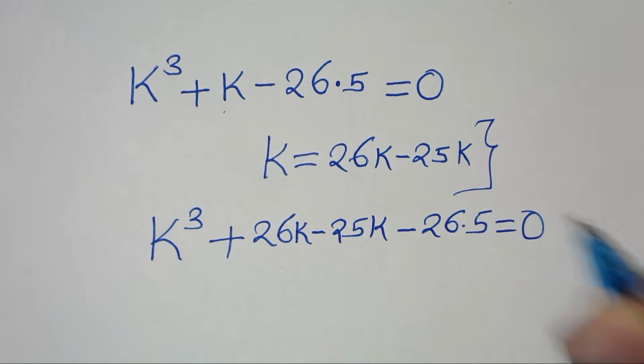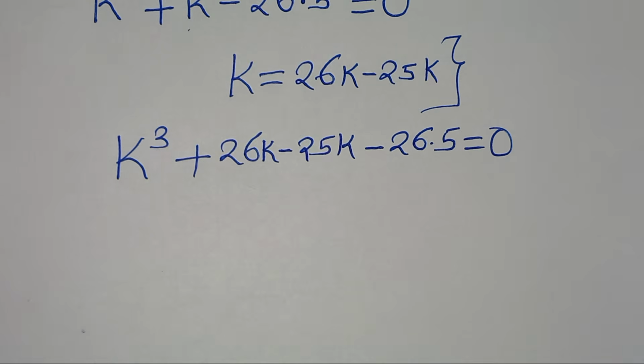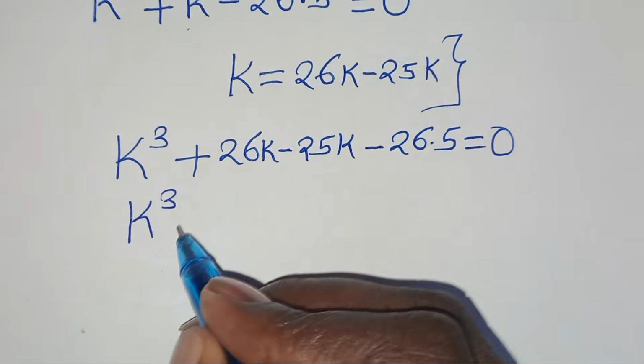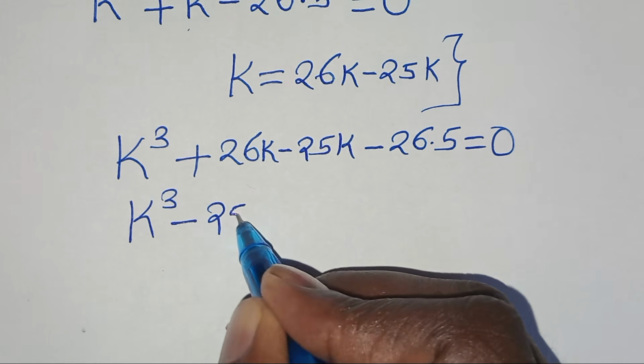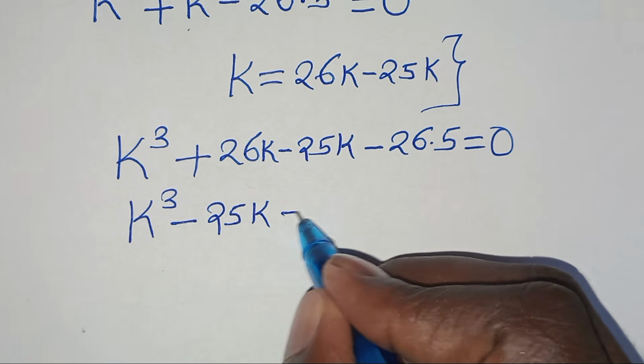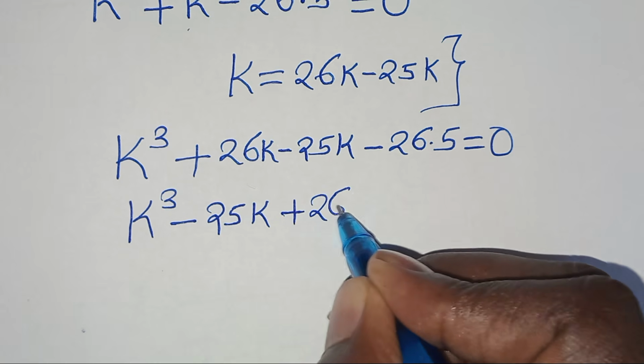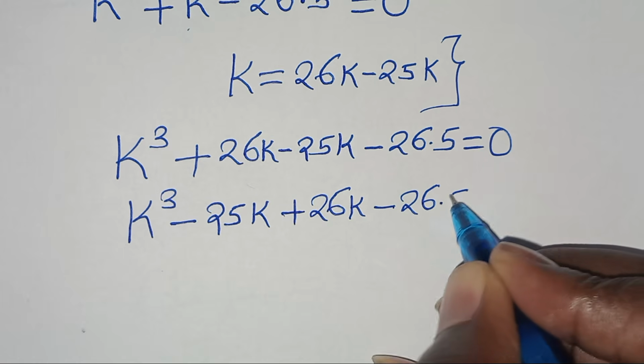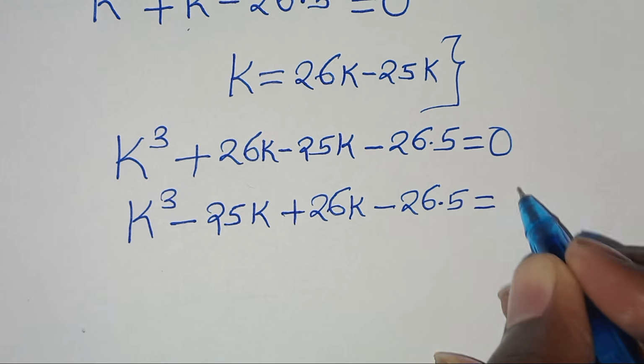This is equal to 0. Now let's rearrange this equation so that we have k to the power of 3 subtract 25k then plus 26k minus 26 multiplied by 5. This is equal to 0.